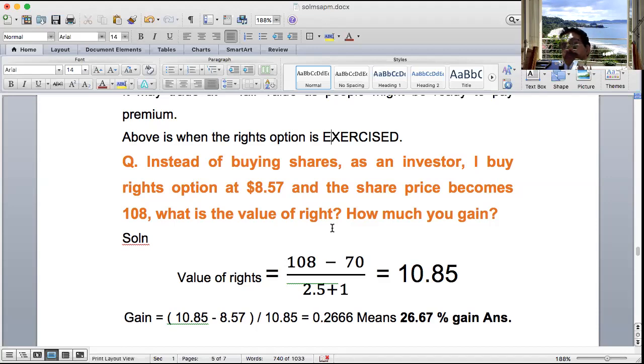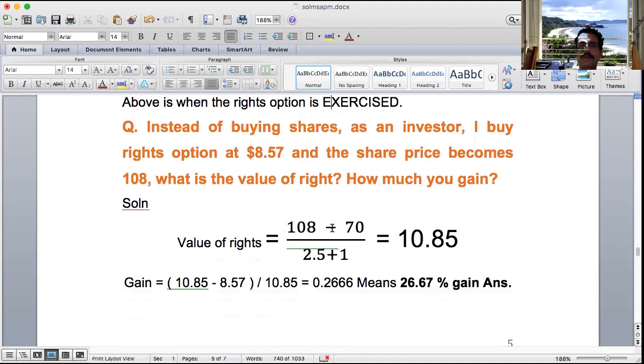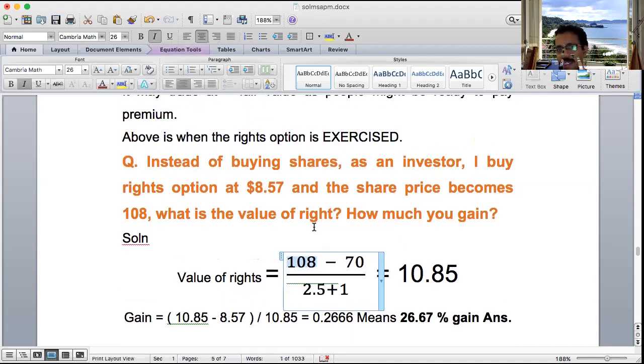Now what is the new value of right? So I would like to sell off my rights, for example. Since share price has become 108, this is a share price cum rights, minus 70, which is what the subscription price was, and the value of right now becomes 10.5.